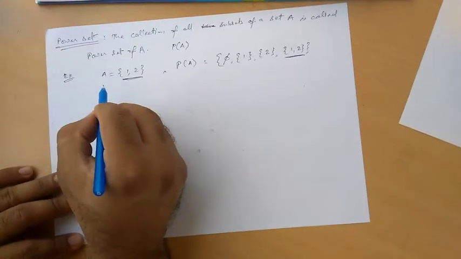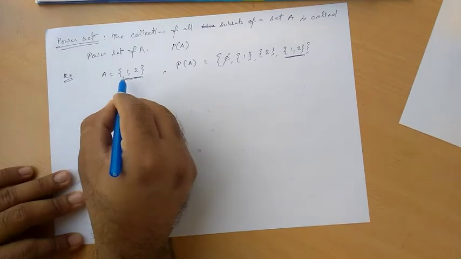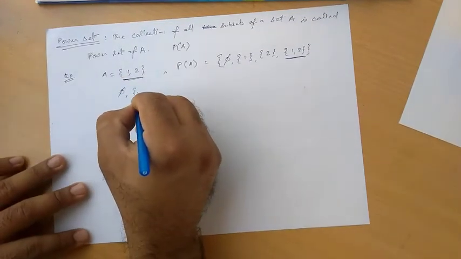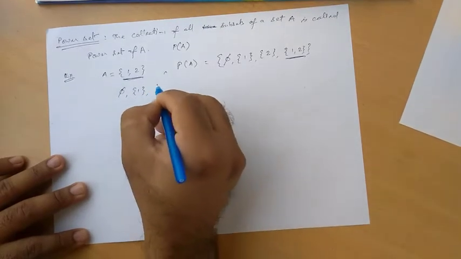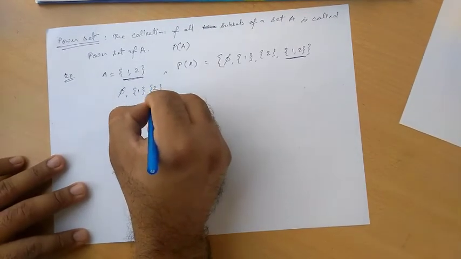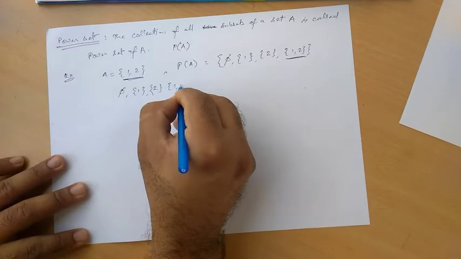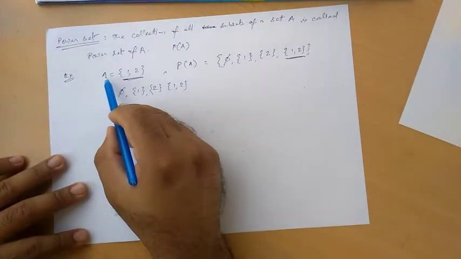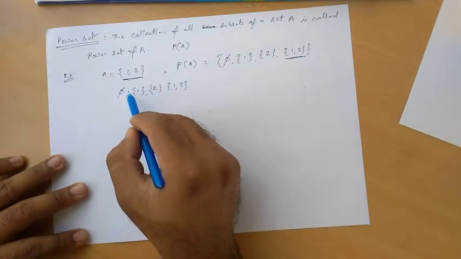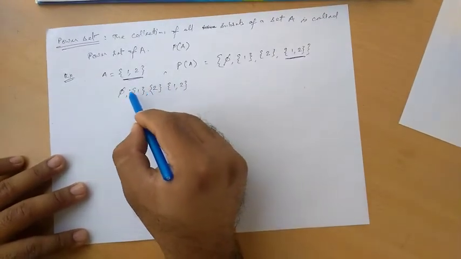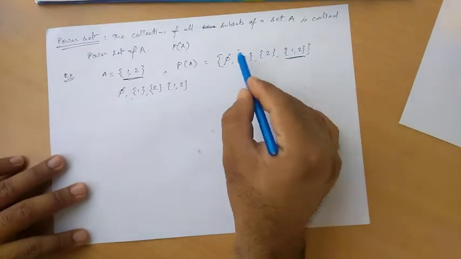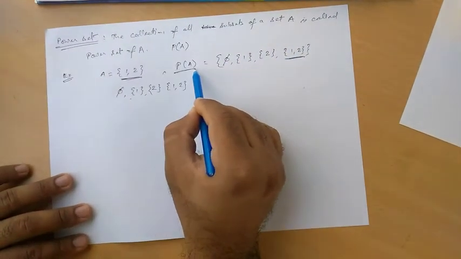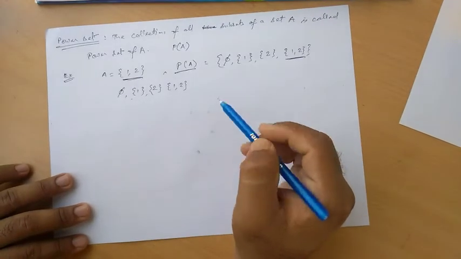So phi is one of the sets, then {1}, {2} and {1, 2}, these are four subsets available for this set A. So we are writing all these things together as a set over here, that is known as the power set of A.